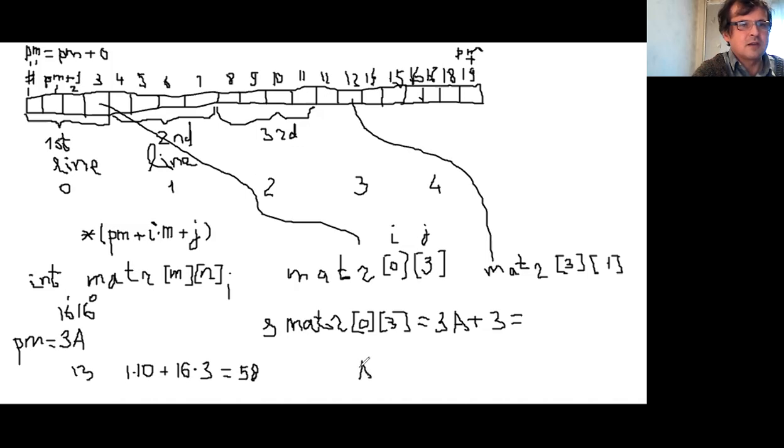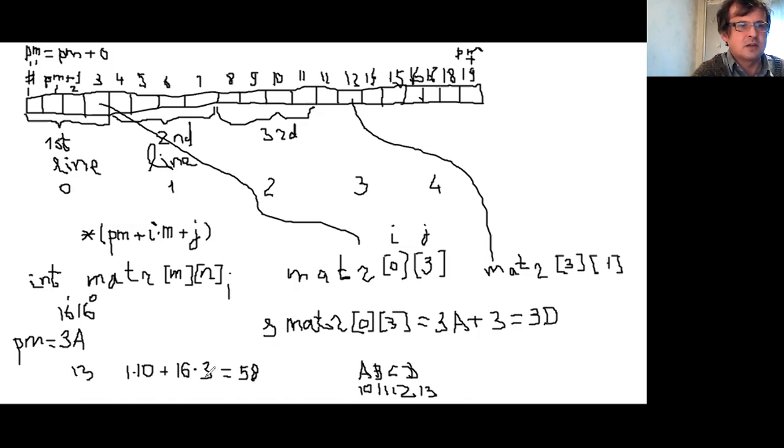A is 10, B is 11, C is 12, D is 13. So 10 plus 3 is 13, this is D. So it is necessary to change A to D. 3D.